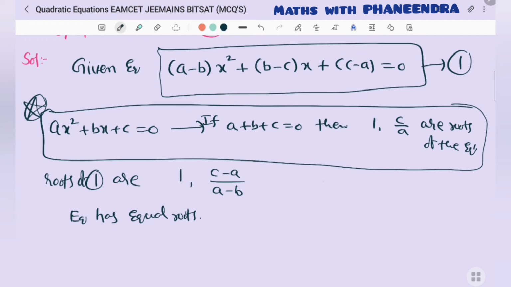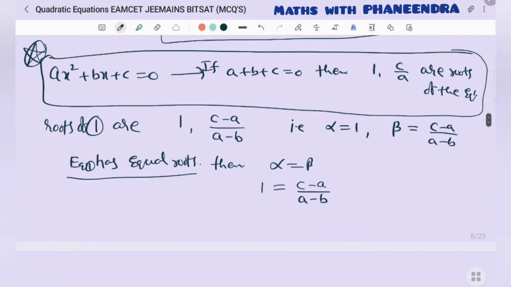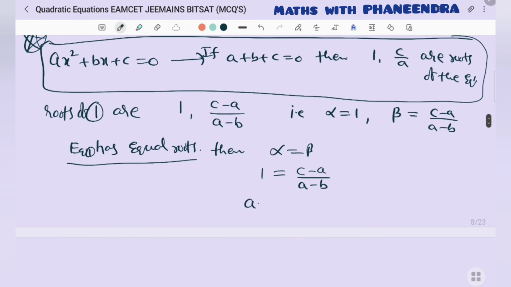That means alpha is equal to 1, beta is equal to c minus a by a minus b. When equation 1 has equal roots, then alpha is equal to beta only, no? So alpha equals beta means 1 is equal to c minus a by a minus b. So cross multiply: a minus b is equal to c minus a. Taking minus a here, a plus a is equal to b plus c. So 2a is equal to b plus c.